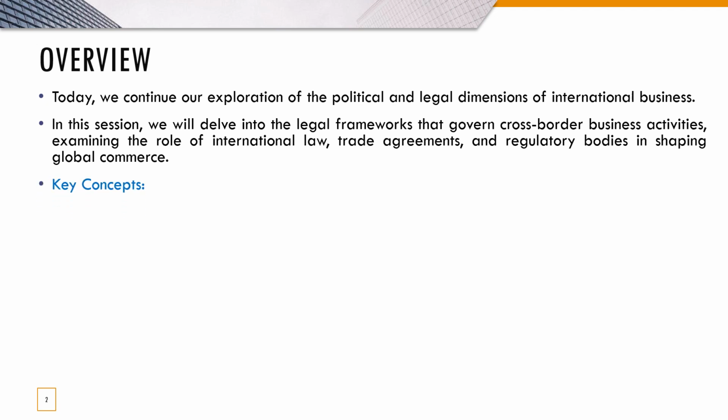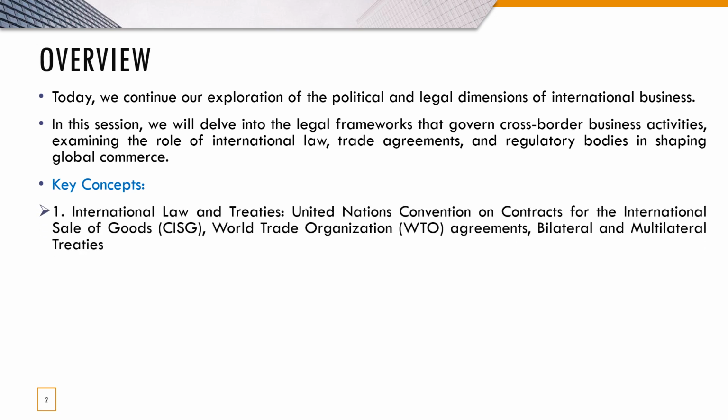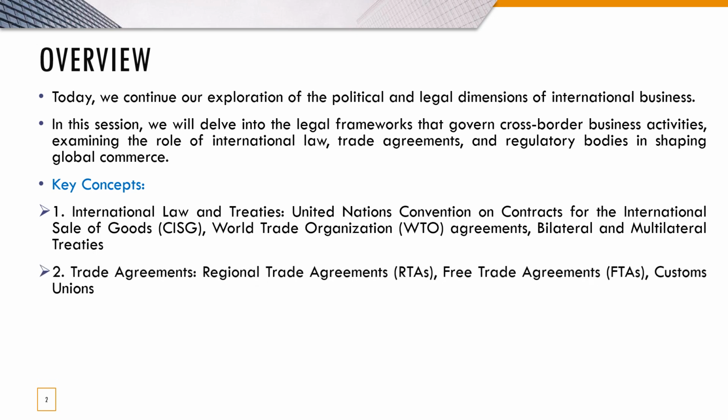Here are the key points that will be touched upon. 1. International law and treaties. For example, the United Nations Convention on Contracts for the International Sale of Goods, or CISG, World Trade Organization agreements, bilateral and multilateral treaties. 2.